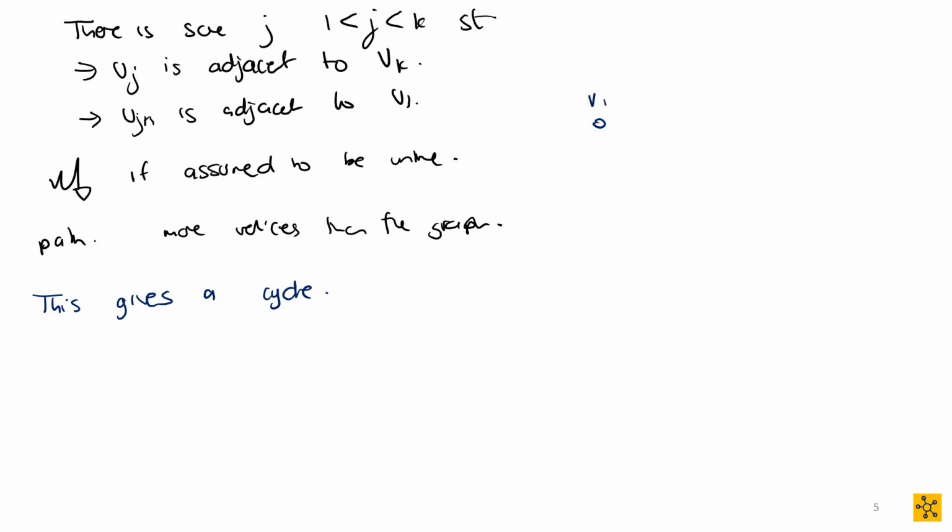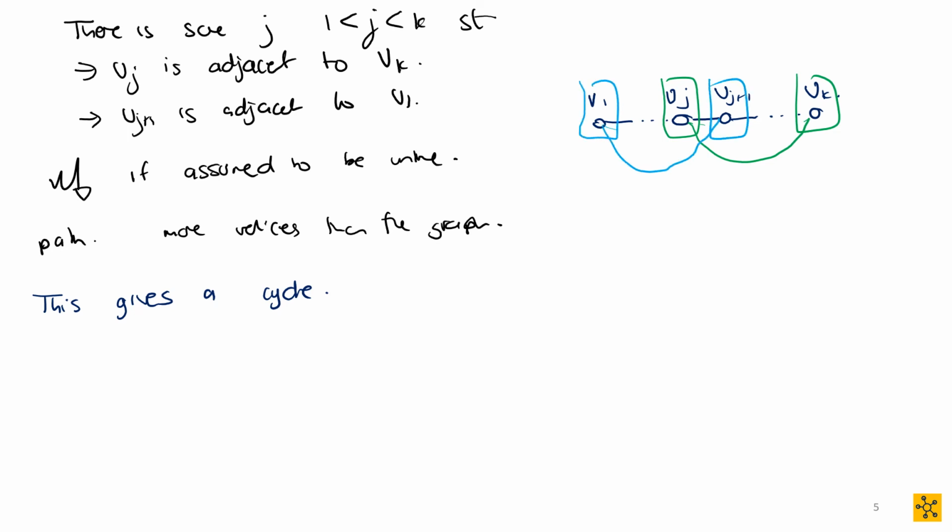So we had V1, which continues on to Vj, continues on to Vj plus 1, continues on to Vk. We have this one connected to this one like that, and this one connected to this one like that. So when we have our cycle, we have this kind of thing occurring.